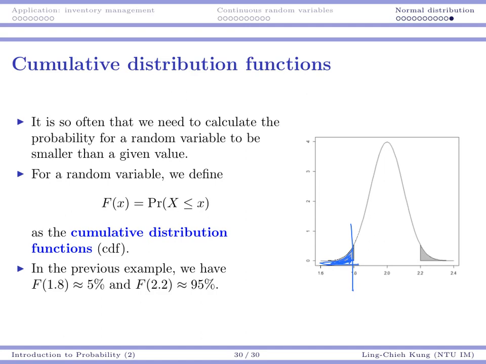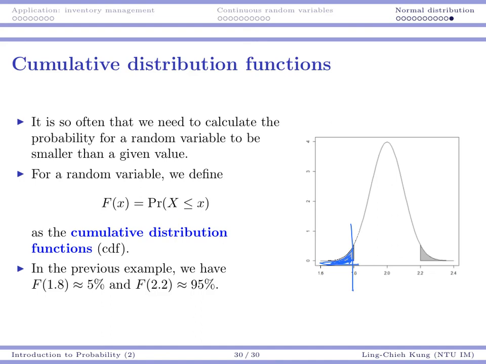And especially for the normal distribution, if you want to calculate something that is above a threshold, we can always do that by calculating its mirror image. So we specifically define something called the cumulative distribution function. We call it a CDF, and it is typically expressed as the capital F function. We define this cumulative distribution function as the probability for x to be below that value.